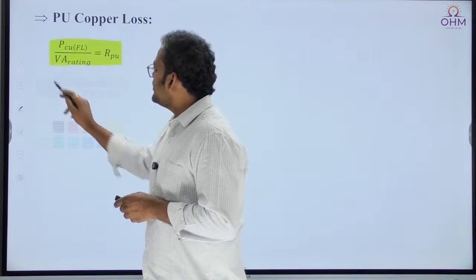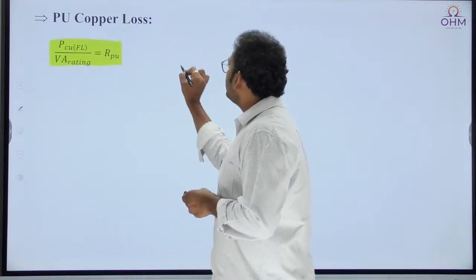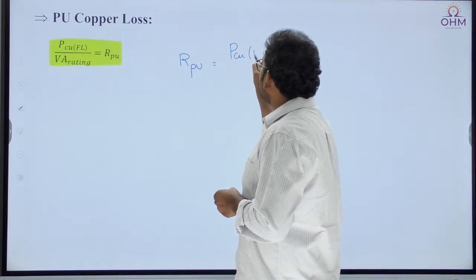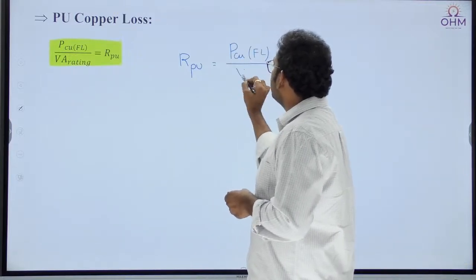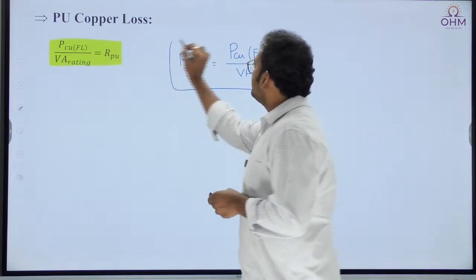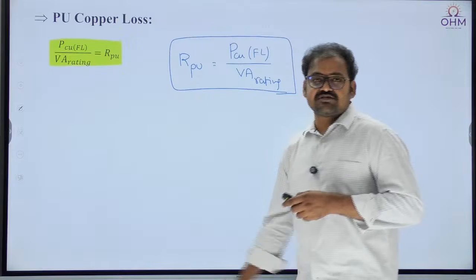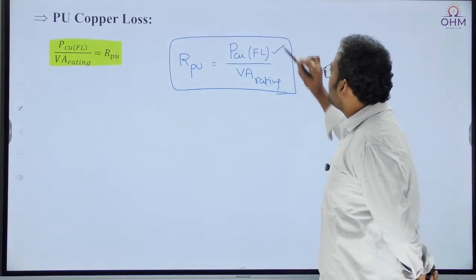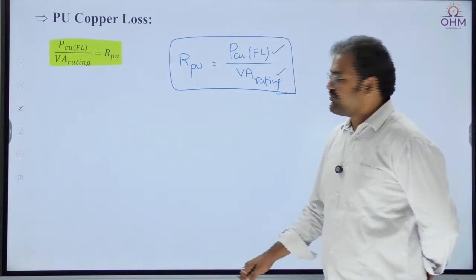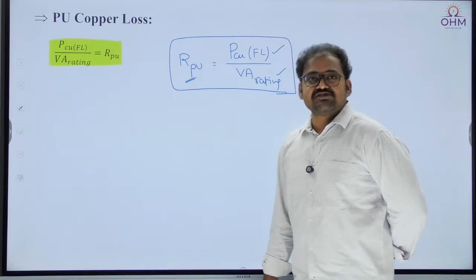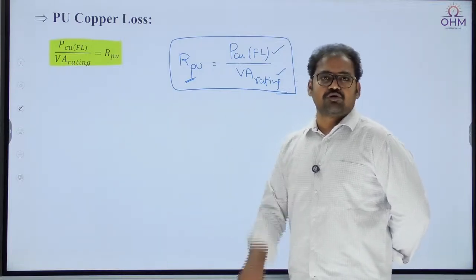So R per unit is equal to full load copper loss divided by the VA rating of the transformer. This will help us more in efficiency calculations, voltage regulation calculations, etc. If you know the full load copper loss and the VA rating, we can find the per unit resistance of the transformer, and this is also equal to the per unit full load copper loss.